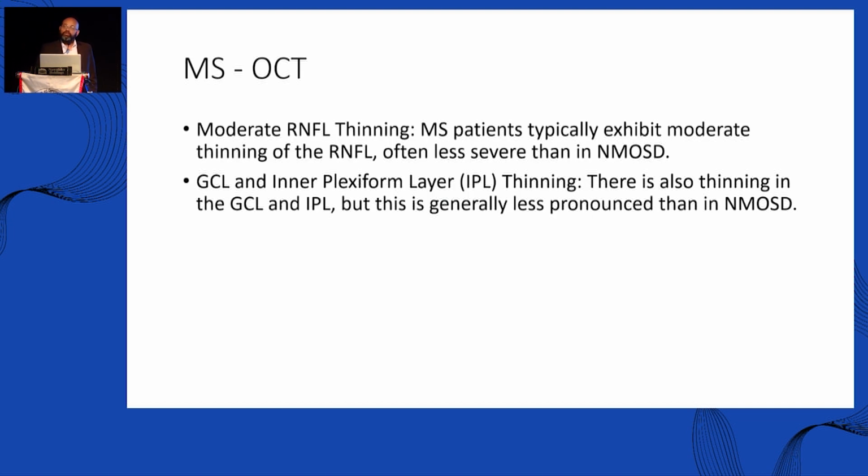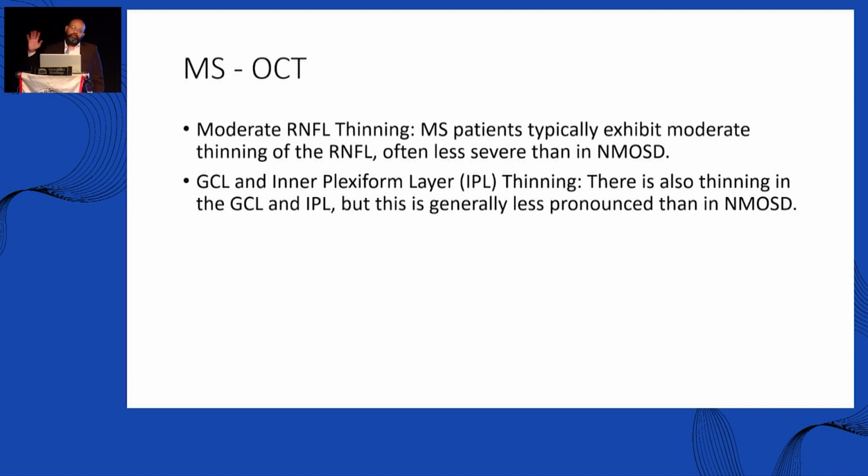Then of course there is OCT that's been used now more and more for identifying various phenotypic dimensions of demyelinating disorders. We use this. We found that there's significant RNFL thinning, that is the retinal nerve fiber layer thinning, as well as the ganglion cell layer thinning.